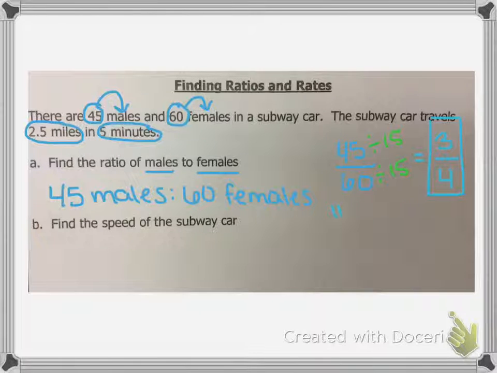And I'm going to put quotation marks in here. This is how we should read that fraction. We're not going to say 3/4, we're going to say 3 to 4 because we're making a comparison.